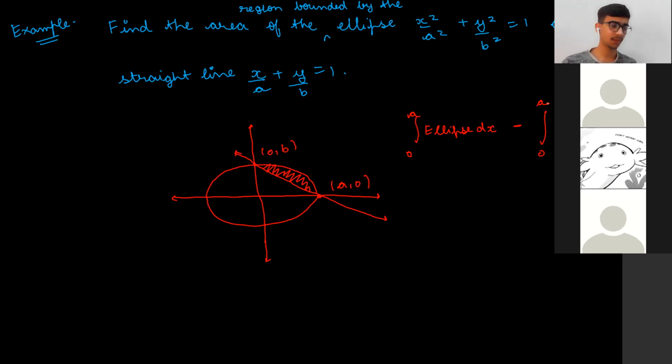Correct. So the final answer is, I take 1 by 4 as a common factor and I get pi minus 2 inside. So 1 by 4 (pi minus 2) AB square units. Okay, great. Very nice. Let's move on to the next question.